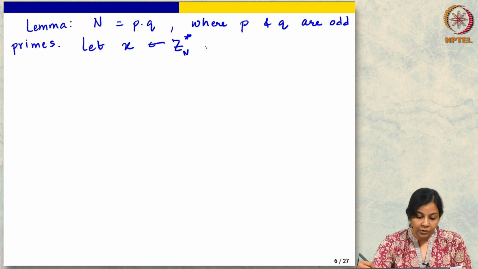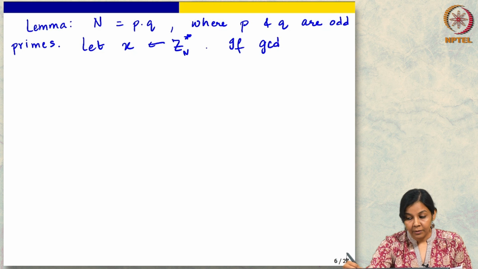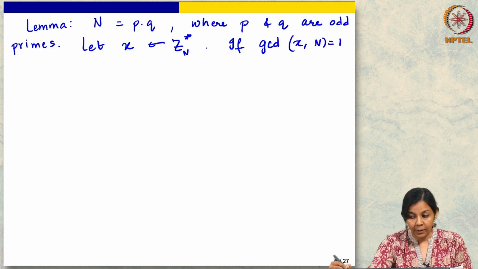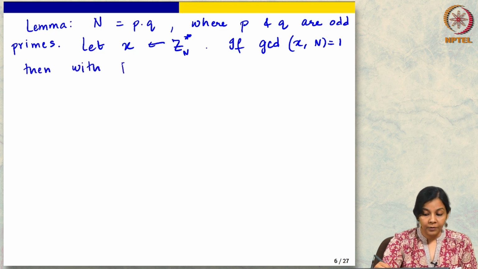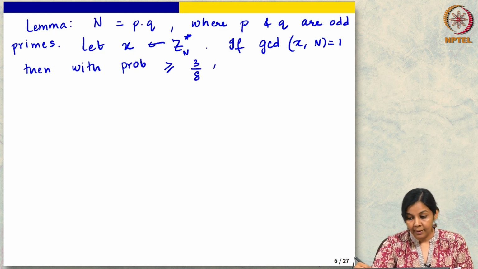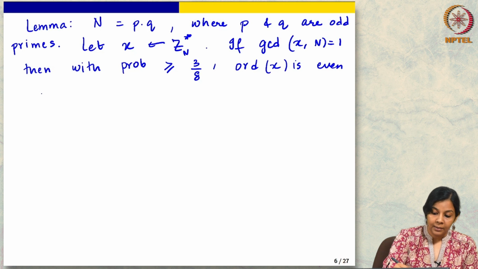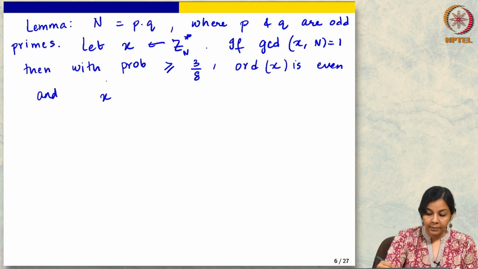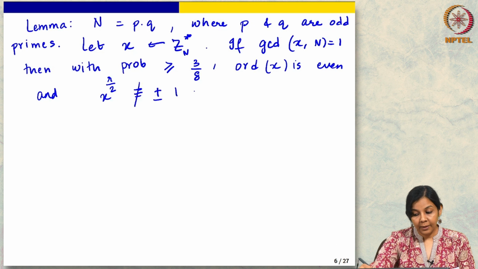So, we are choosing x randomly from Zn star. If GCD of x and n is 1, then with probability at least 3/8, we get that the order r of x is even, and x to the r over 2 is not congruent to plus minus 1 mod n.